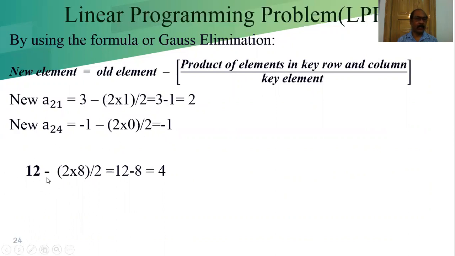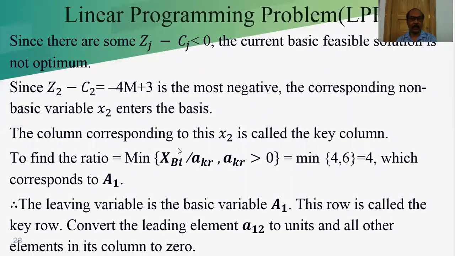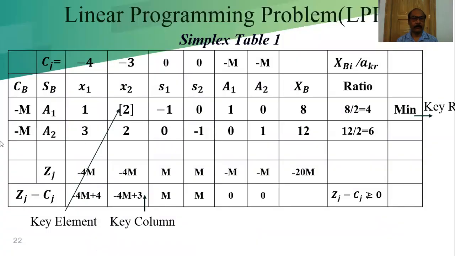Now if we calculate this, 12 minus 2 into 8 divided by 2 is equal to 12 minus 8, equal to 4. Let's check it. Is it wrong? 12 is there. This is the 12.